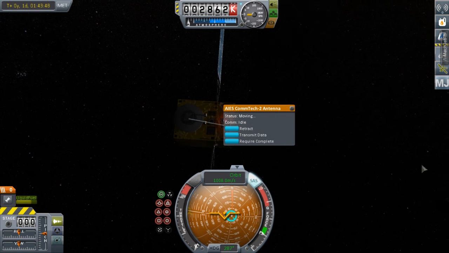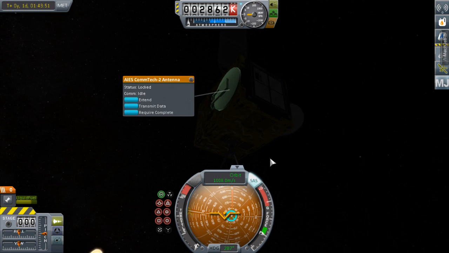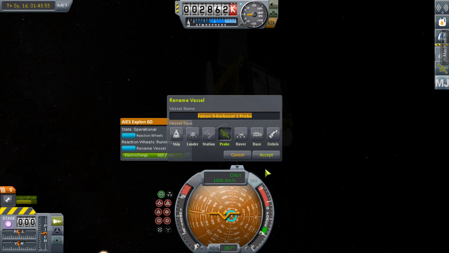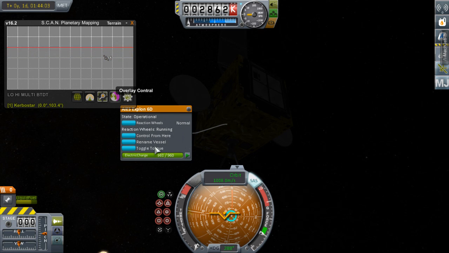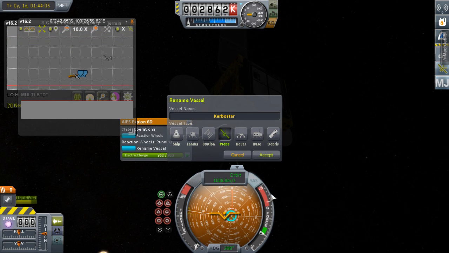And the Realistic Design Bureau's final task of this mission is to deploy the 2 Kerbosat antennas. This is Kerbostar 103 East.